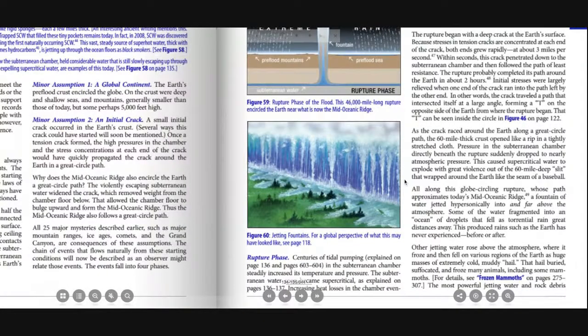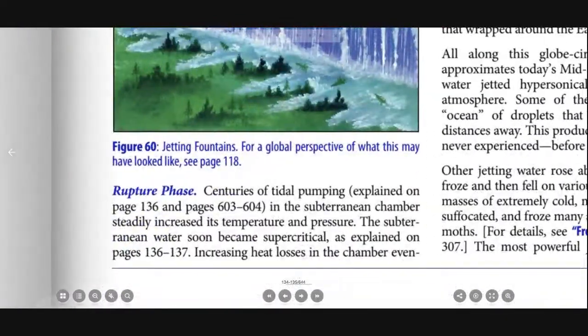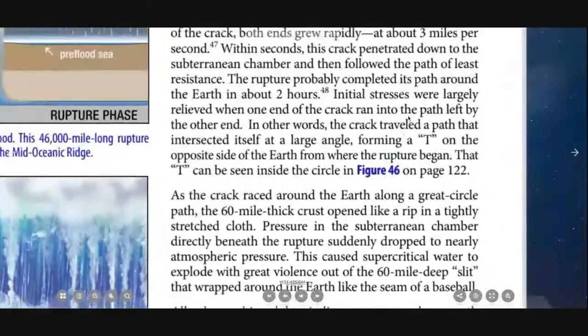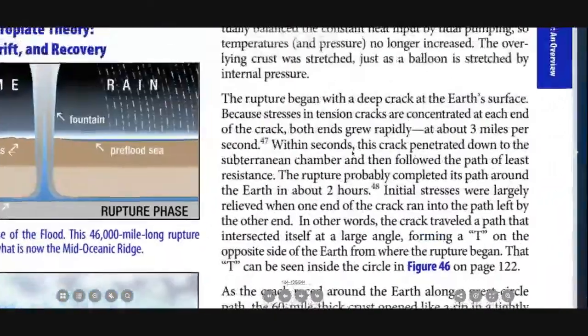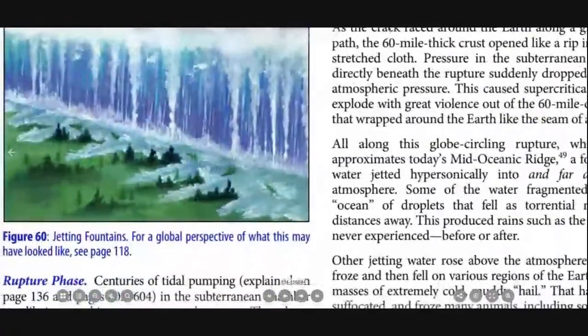Centuries of tidal pumping, explained on page 136 and pages 603 and 604, in the subterranean chamber steadily increased its temperature and pressure. The subterranean water soon became supercritical, as explained on pages 136 and 137.